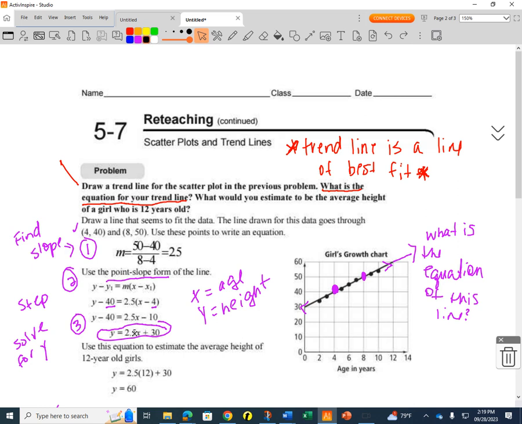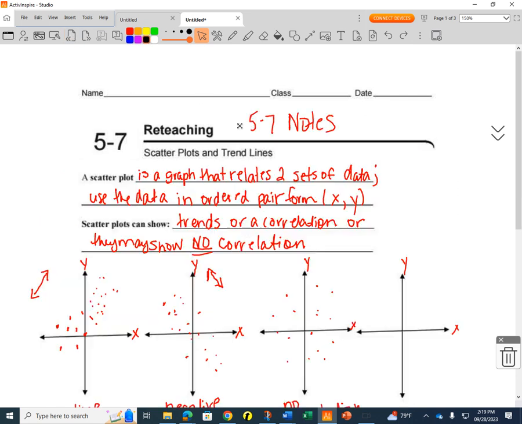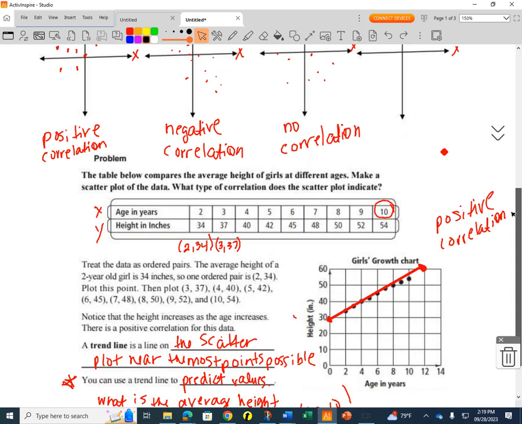Once we have it in that form, we can plug in different ages for x. So if I wanted to predict how tall girls on average are at age 12 from this group, I would replace the x with 12 like they did here. So 2.5 times 12 plus 30 equals 60 inches, which is what we got when we predicted with our trend line that we drew over here.